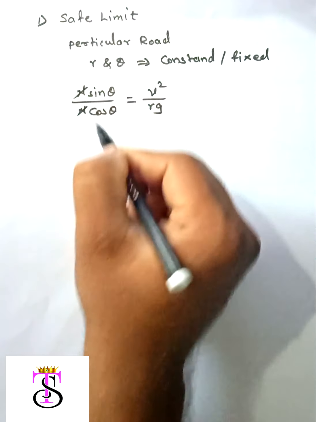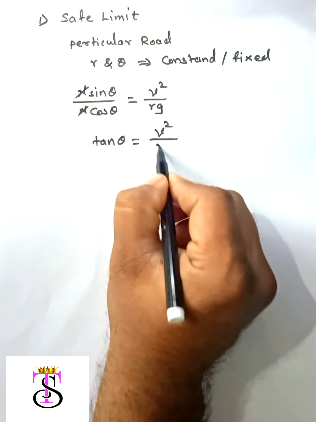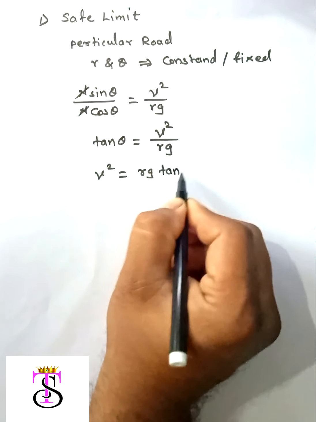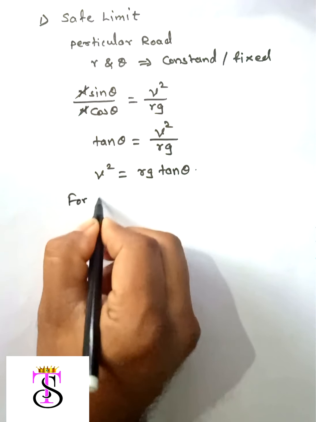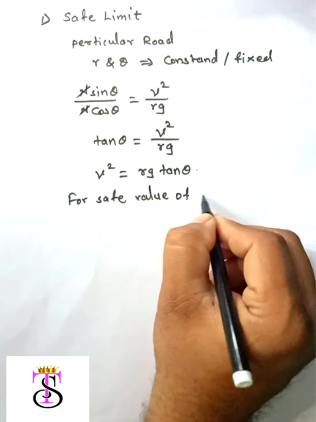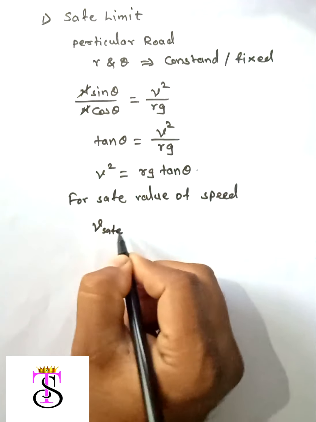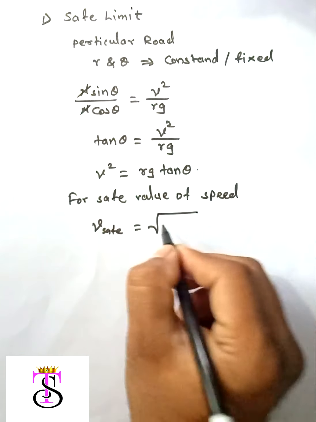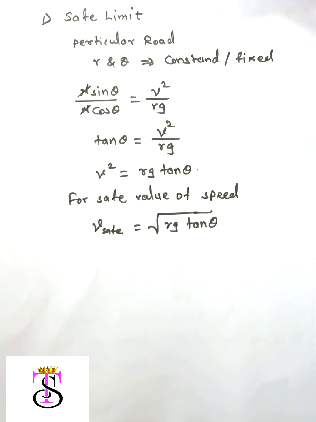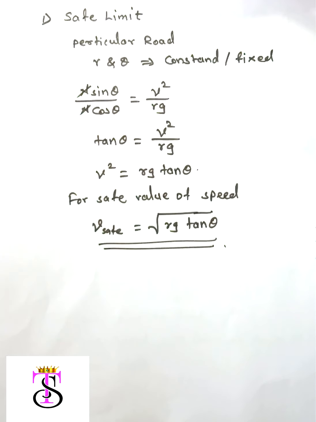We get tan theta is equal to v square upon r g. v square is equal to r g tan theta. For the safe value of speed, v safe is equal to under root r g tan theta. Okay, so this is the expression for the safe value of speed.